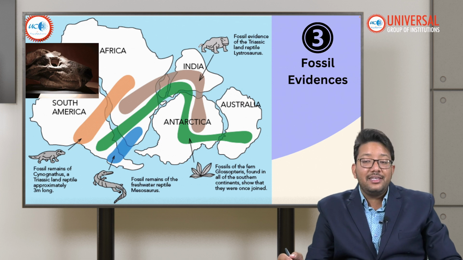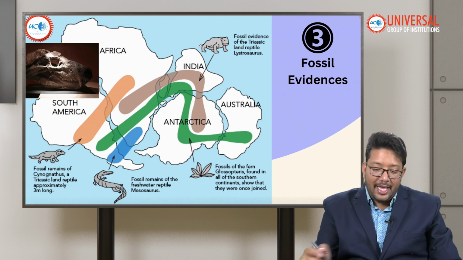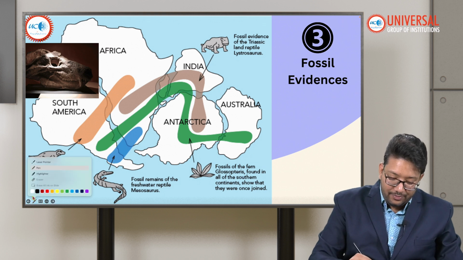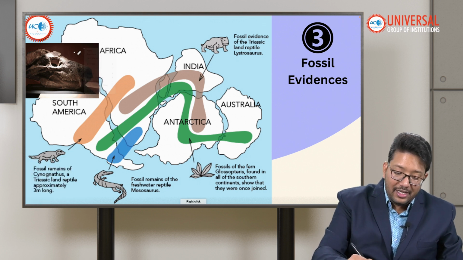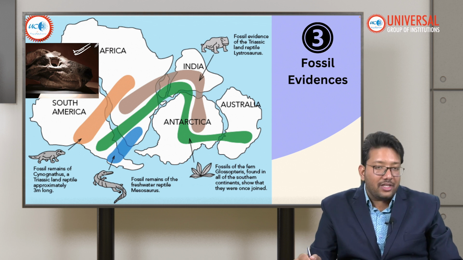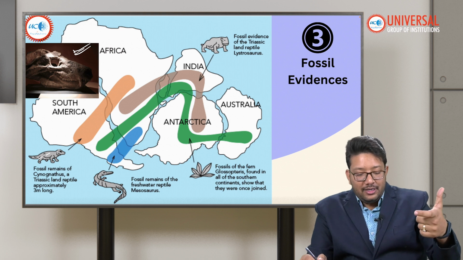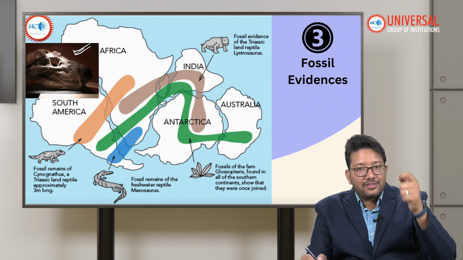Now the third evidence he gave was fossil evidence. As you can see in the diagram, these are the real fossils. The first one is Cynognathus. We have found the fossil remains of Cynognathus.